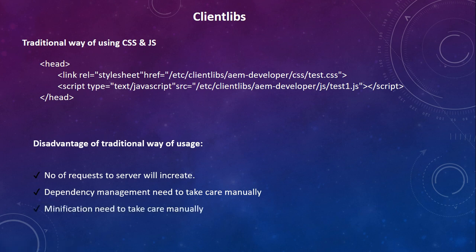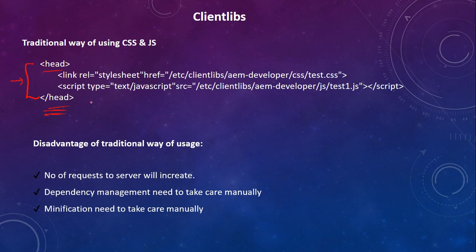And why are we introducing the Clientlibs, the client library only? We have traditional ways as well, but in the traditional way we have a lot of drawbacks. That's why we have introduced the concept of Clientlibs. So first of all, here you see, when you use HTML, inside that you will add this heading.